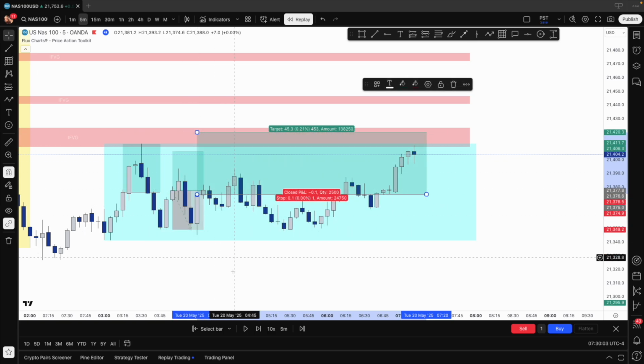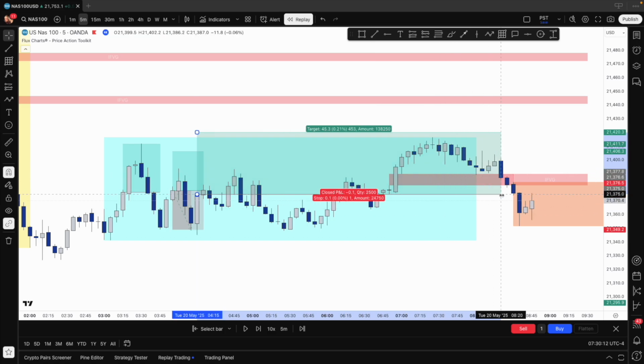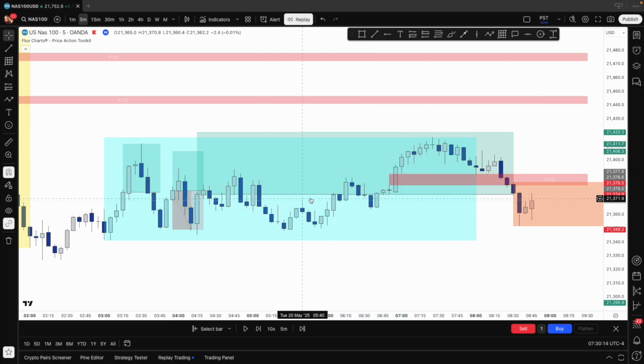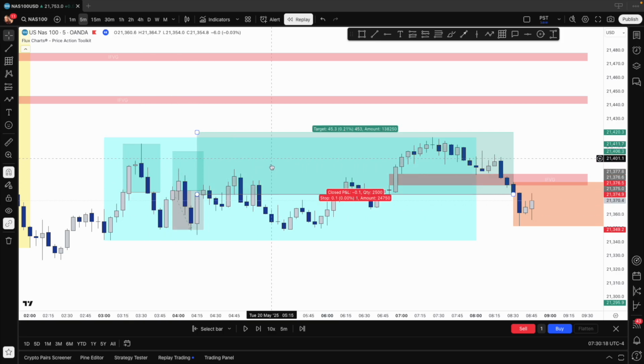Break even right over there. And let's see what happens. And we have another break even. So this was a losing day. Break even trade, losing trade, break even trade, missed our TP by a few pips right over there.